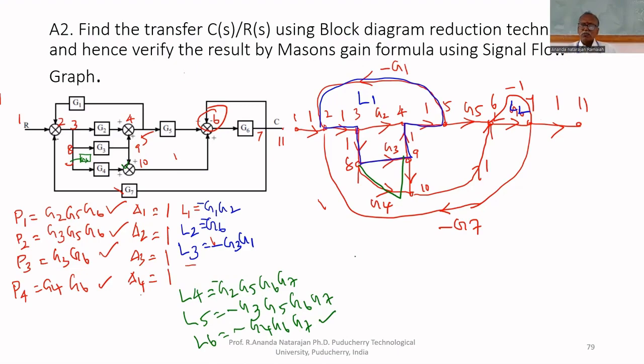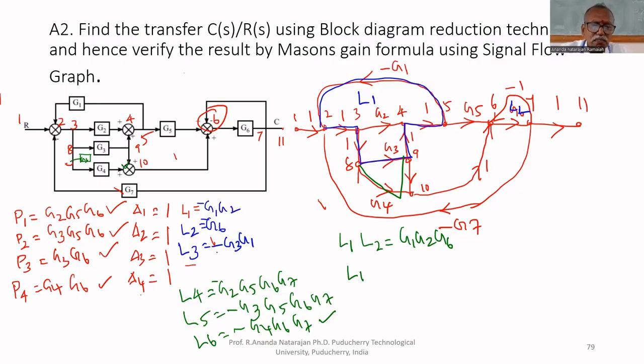What are the non-touching loops? L1 and L2. That is non-touching. That is G1, G2, G6. L1 and L3, that is G3, G1.